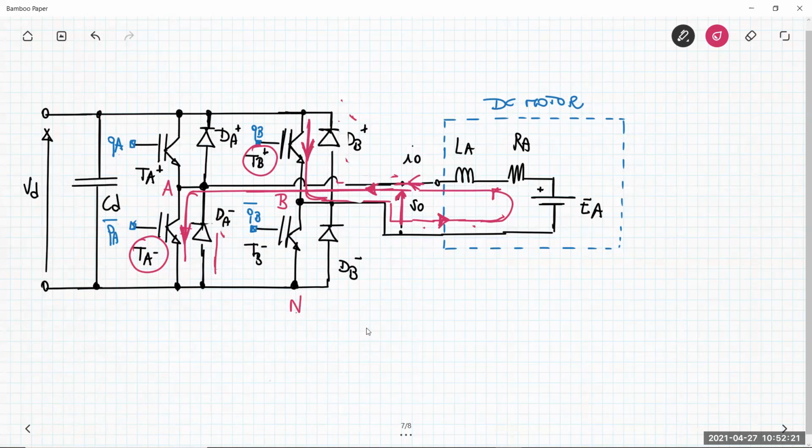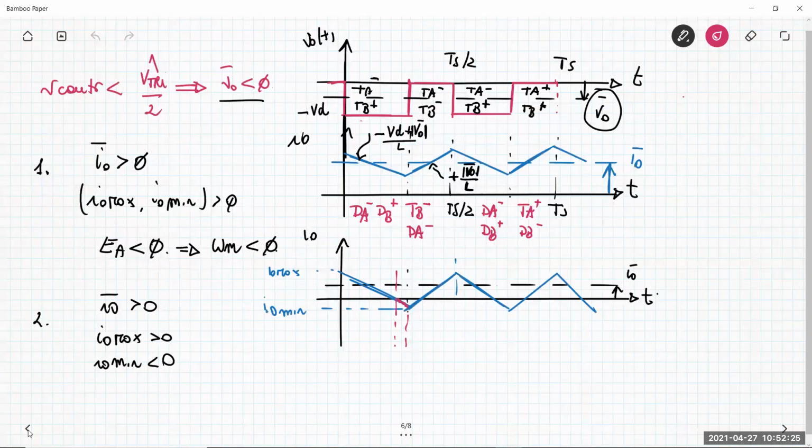So here we have TA minus and TB plus. Then when the current, sorry, here, the current is negative, TA minus and TB plus.